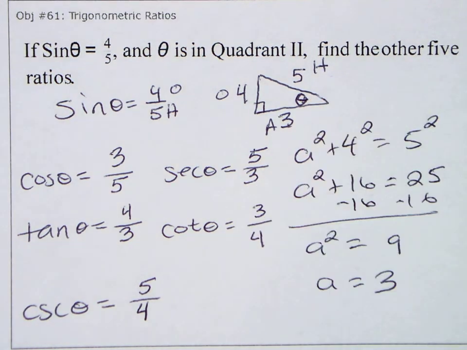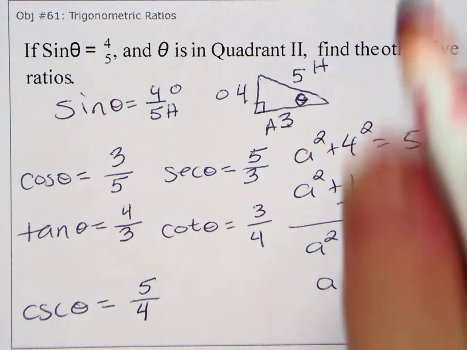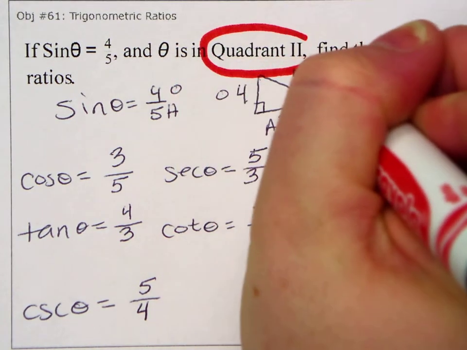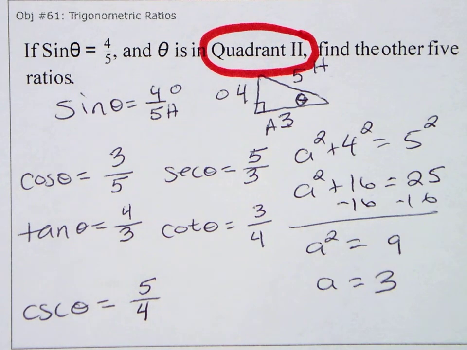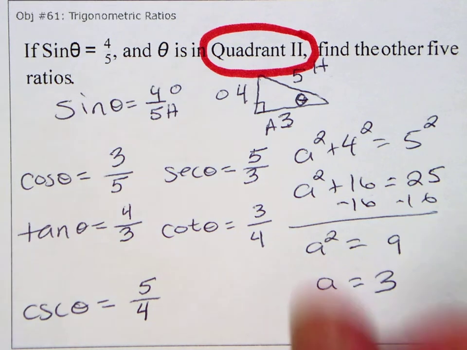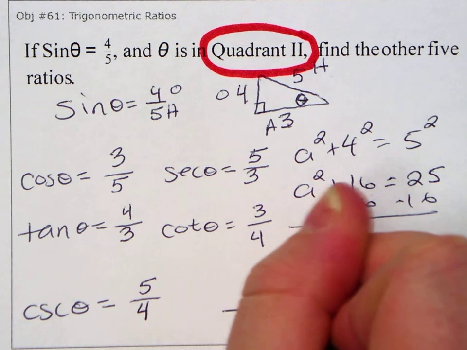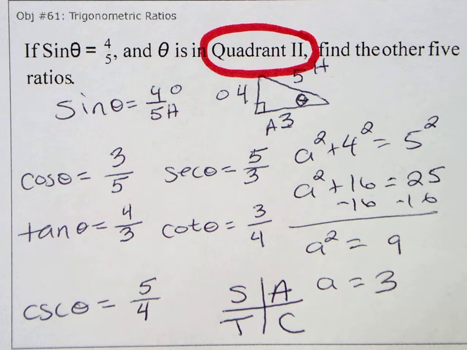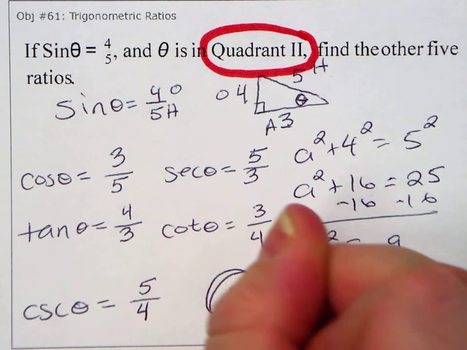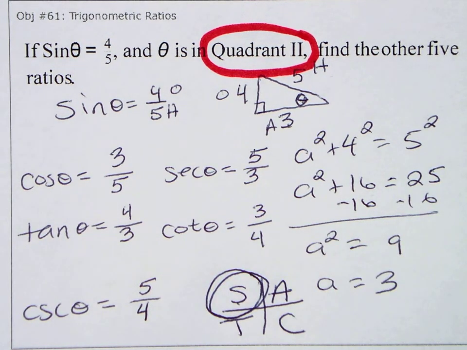Now, I totally ignored one piece of information. What piece of information did I ignore? Quadrant 2. If we're in quadrant 2, remember from yesterday, all students take calculus. Quadrant 2, what's that S mean? It means sine is positive, right?